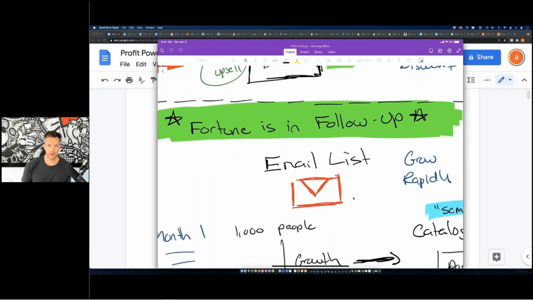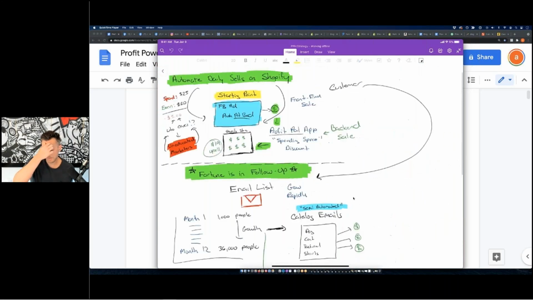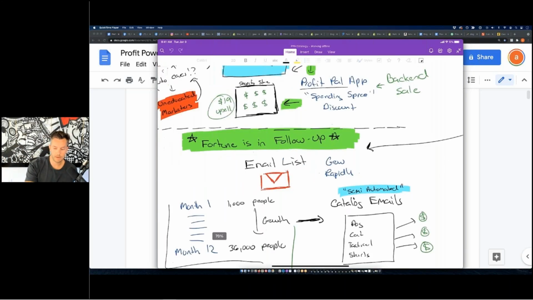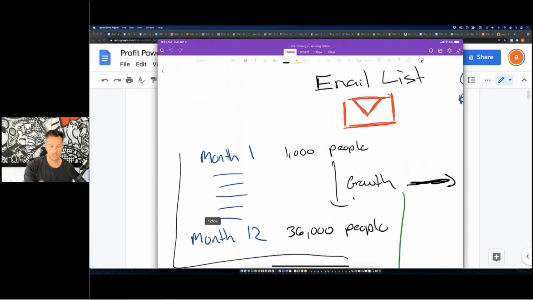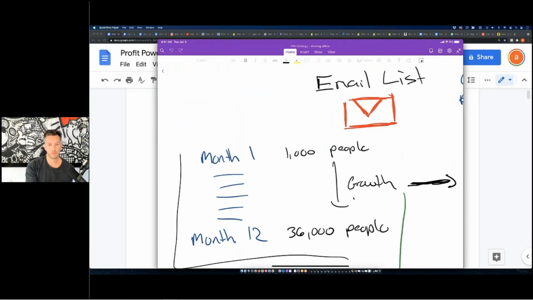And how important an email list is. Okay, so with Shopify, every time somebody buys something from your site, or every time they visit your website, they have the opportunity to opt in and become a member of your email list. And over the course of time, as you're marketing your e-commerce store and people are visiting your store from month 1 to month 12, you are acquiring what is called an email list. Amazon doesn't allow you to do this. eBay doesn't allow you to do it. Etsy doesn't allow you to do it. So I don't care what fancy guru you've been watching on Instagram or YouTube.